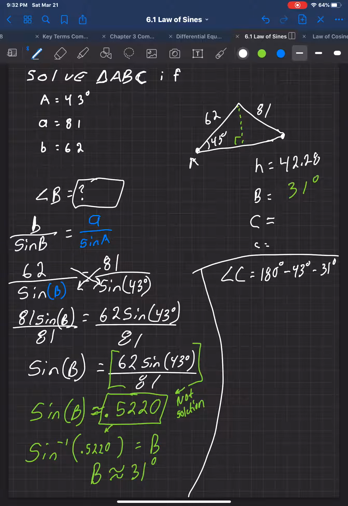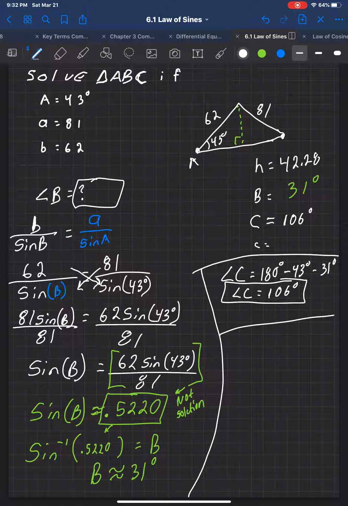So angle C in this case is equal to 106 degrees. The last bit of information that we need is to find little c.